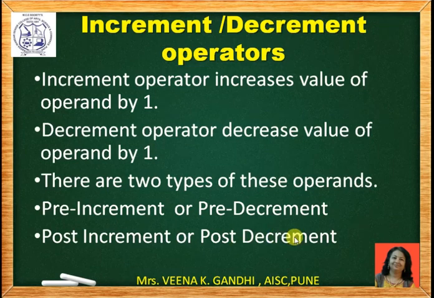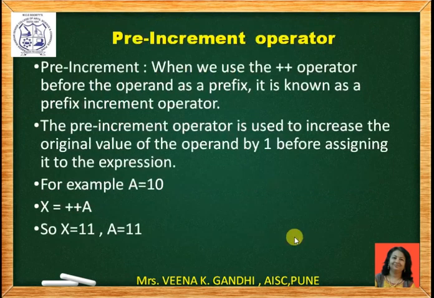Now we'll see these operators one by one. Pre-increment operator. When we use the plus operator before the operand as a prefix, it is known as the prefix increment operator or pre-increment operator. The pre-increment operator is used to increase the original value of the operand by 1 before assigning it to the expression.